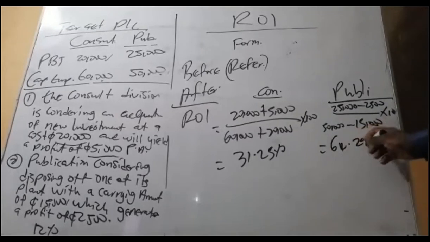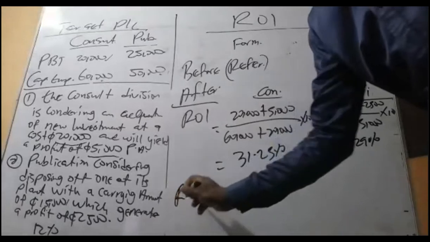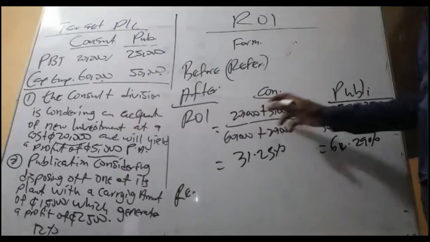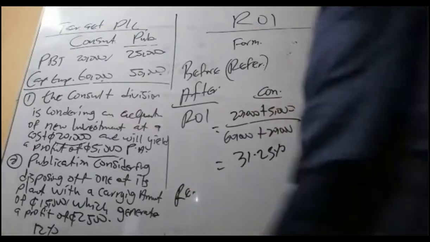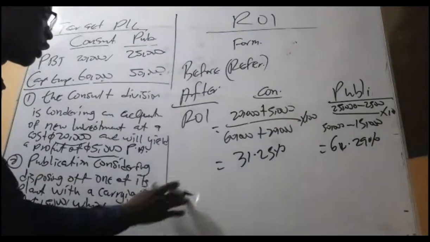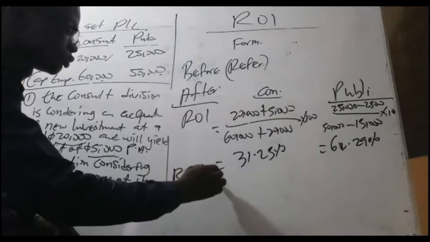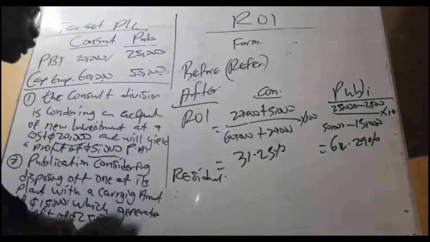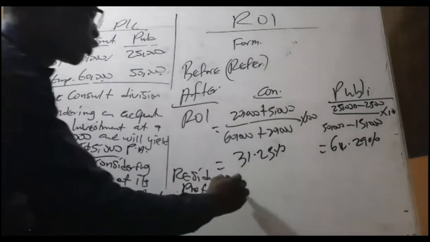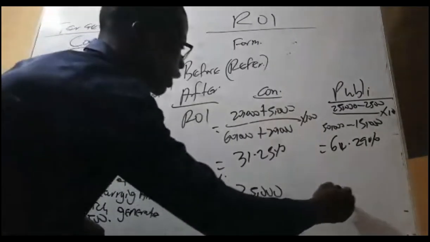64.29. We are done. Let's go to residual income. The residual income here, the profit after everything, will be 25,000 for that of the consulting company, and over here 22,500.